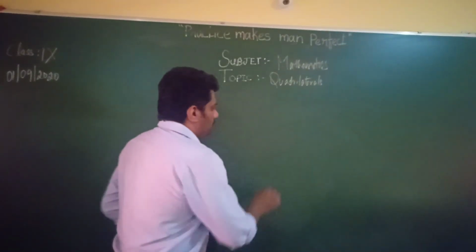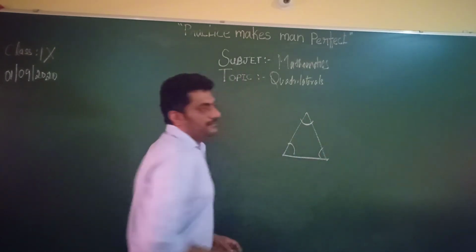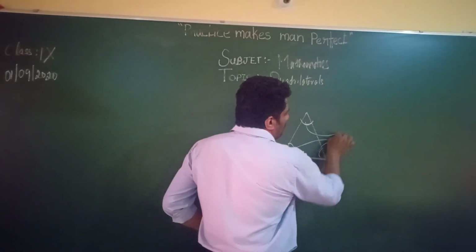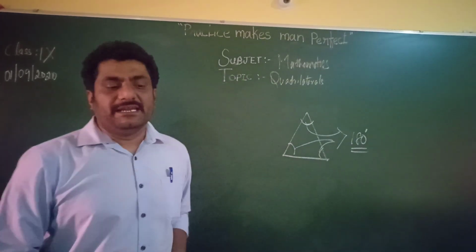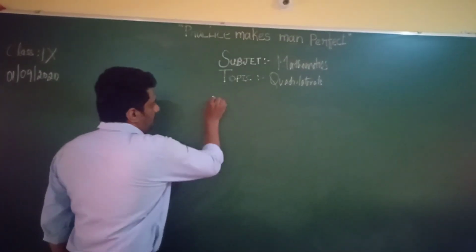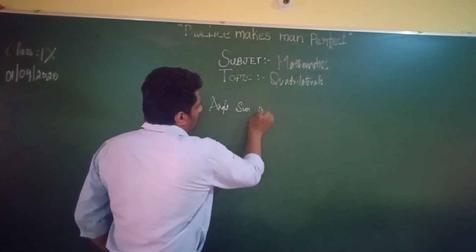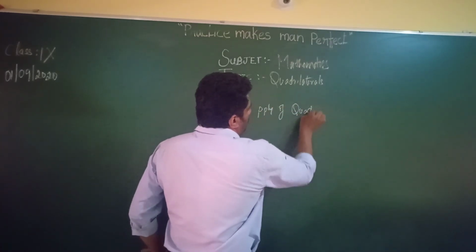Now as we know, angle sum property of a triangle, that means when I add all the angles of the triangle, I get 180 degree. Similarly, how do we find for the quadrilateral? Let's see. Angle sum property of quadrilateral.